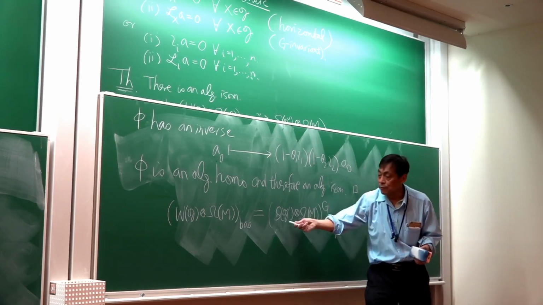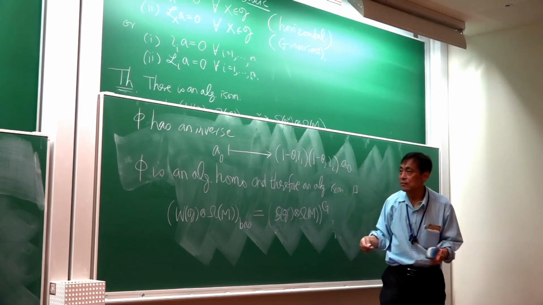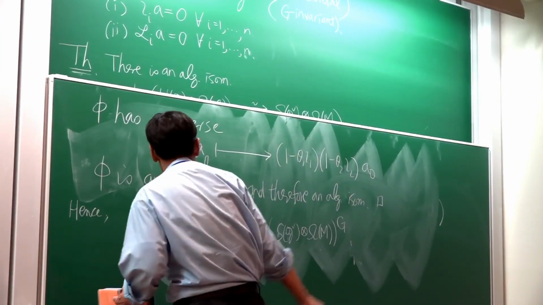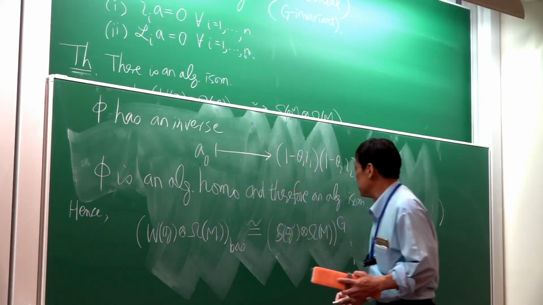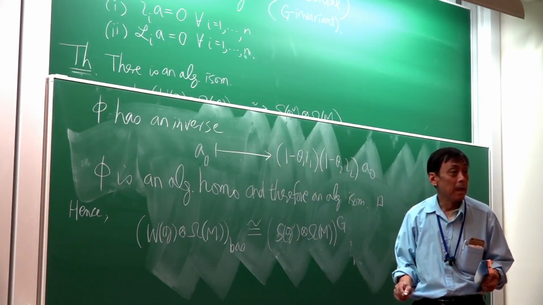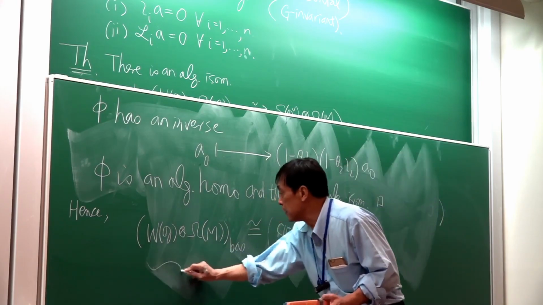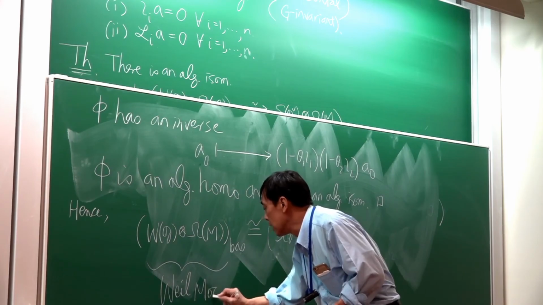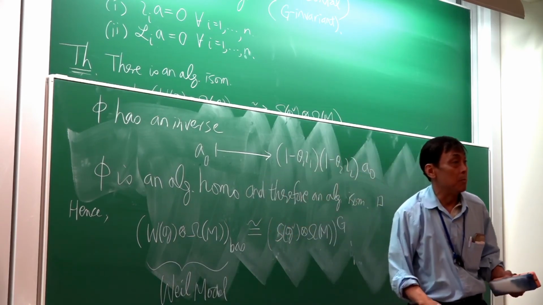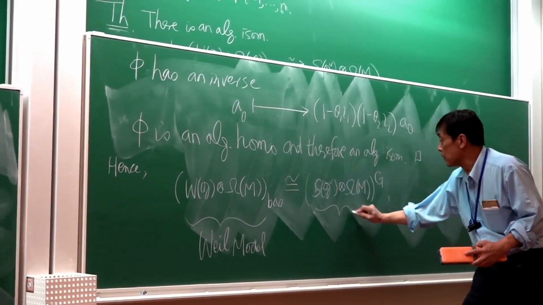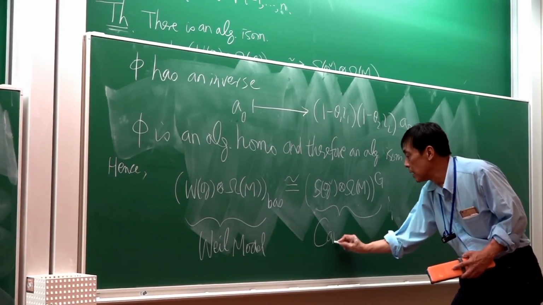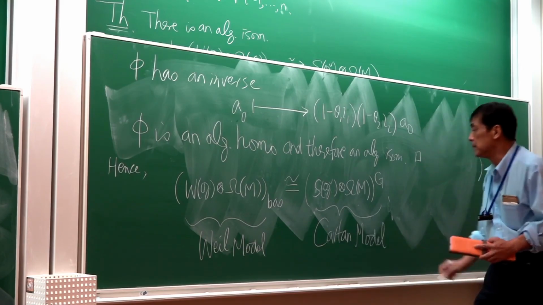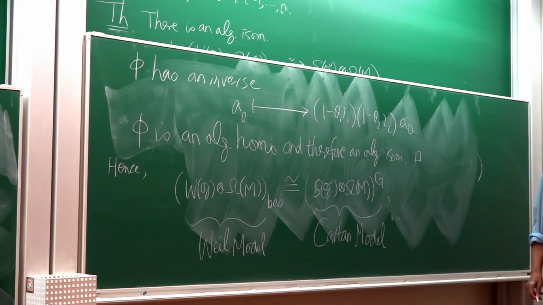And G acts on both of these because it's a diagonal action. So hence, you have this isomorphism. And this is called the Weil model for equivariant cohomology. And this is the Cartan model. It's the Cartan model.